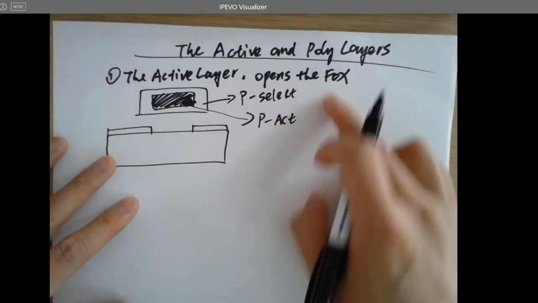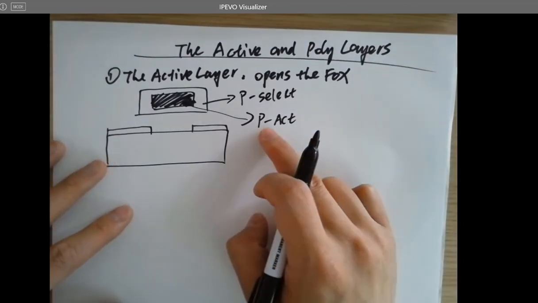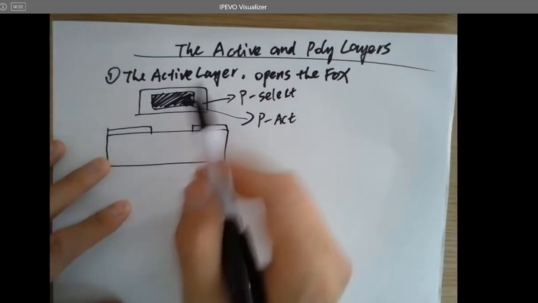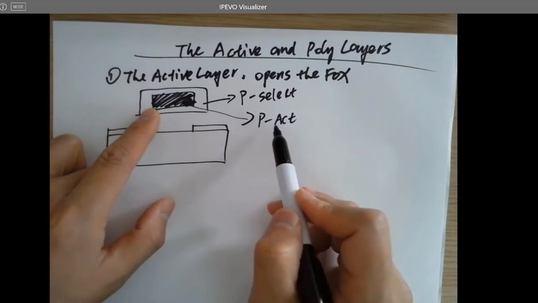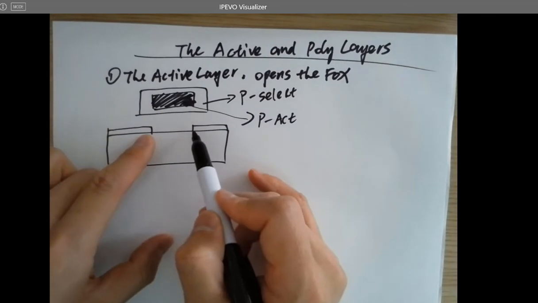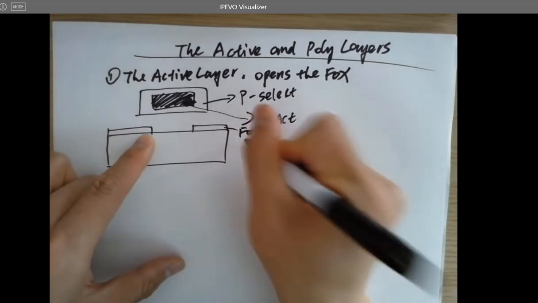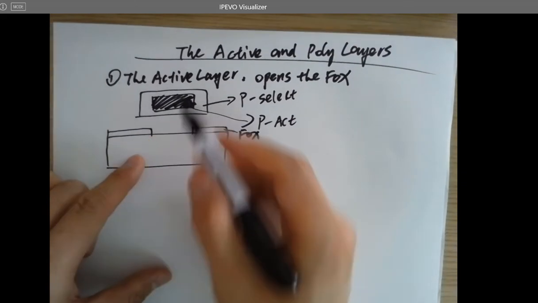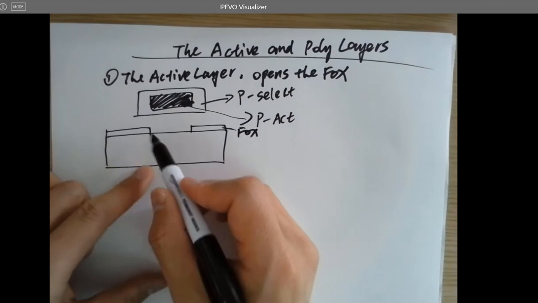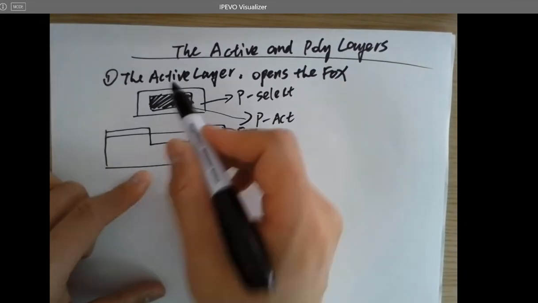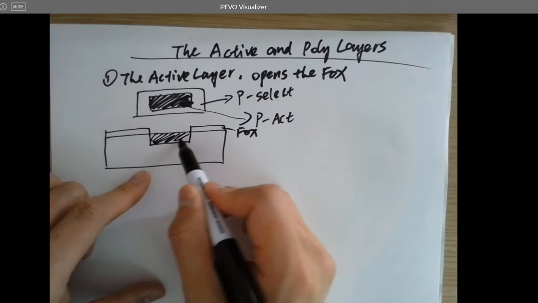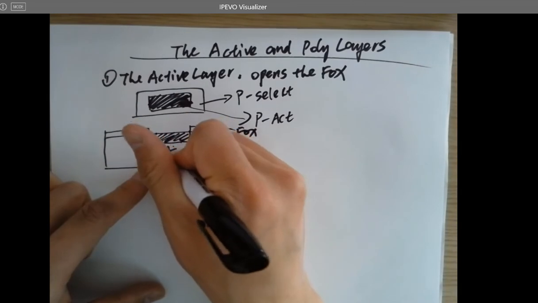N select is larger than N act as well. The dimension of the P act defines the dimension of the window on the Fox layer, and it's going to dope whatever. If you want to dope N plus or P plus, it will be able to do that. For example, this is N plus or a P plus for this case.